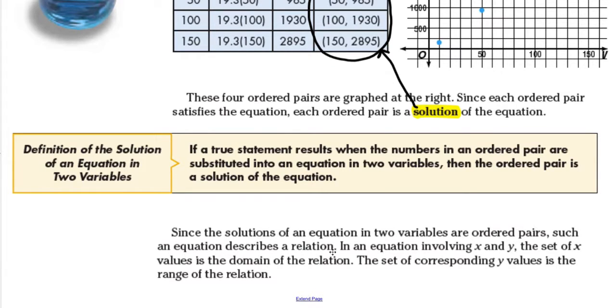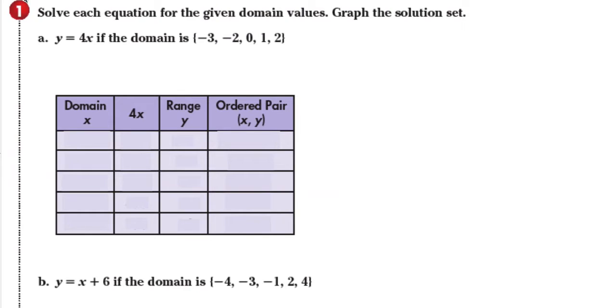In an equation involving x and y, the set of x values is the domain of the relation, and the set of corresponding y values is the range of the relation. Remember, that was in the last lesson, range and domain.